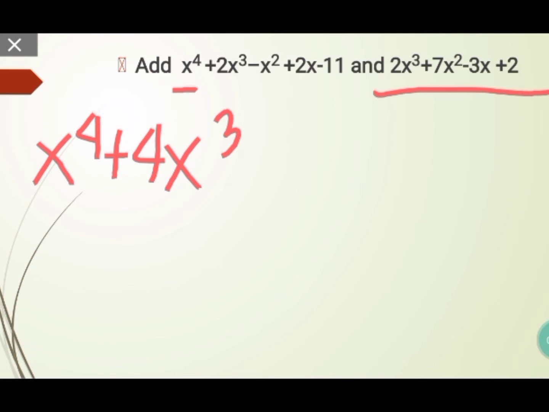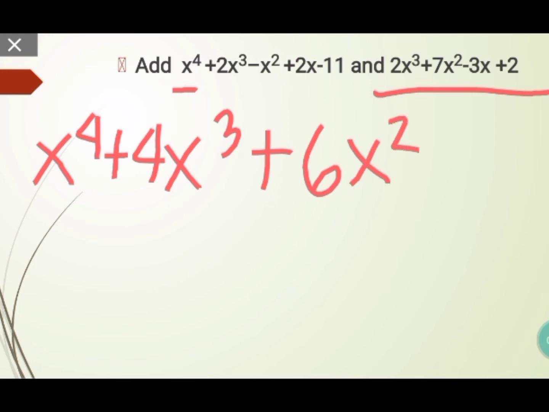That is the rule in integers. So 7x squared, we have an imaginary 1 here, so 7 minus 1, so we have positive 6x squared.